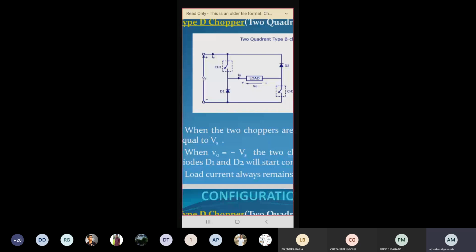During T on the current rises, and as soon as the chopper becomes off, the current reduces. Once again the chopper becomes on, and when it becomes off, the current reduces. In this graph, the T on time period is greater than the T off time period. Look at this waveform: here the T on time period is lesser than the T off time period.